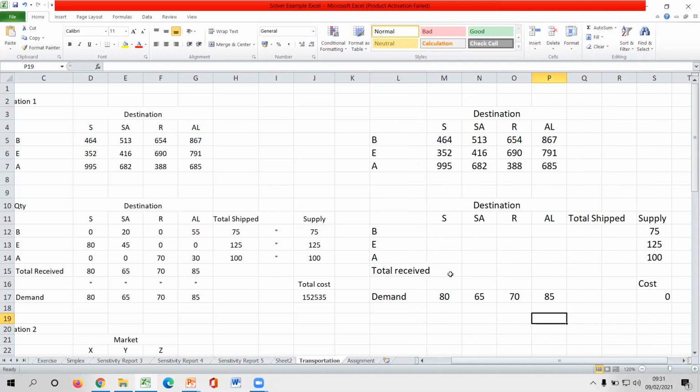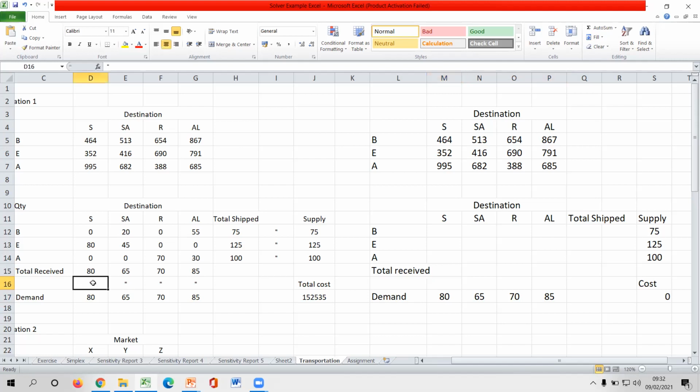So here we know that whatever our market demand is, we need to fulfill it. Therefore, in the middle part, your sign should be equal. It doesn't mean that you need to have a less than or equal or greater than or equal sign, because we need to fulfill the market demand as it is. We cannot fulfill market demand by less, and we cannot provide more goods or services than the market demand.